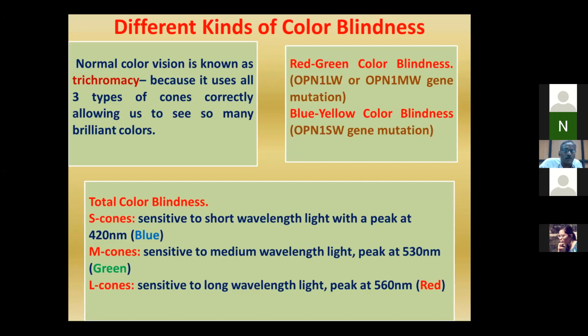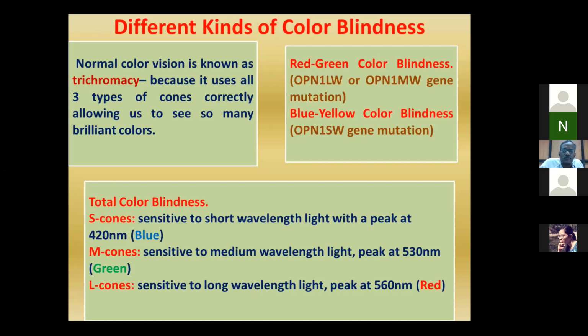When there is any abnormality in a particular cone, it will cause single color blindness. When a patient does not have blue alone, it is S cone abnormality. Green alone, M cone abnormality. Red color, L cone abnormality. Another classification gives double color blindness. One patient may have red and green color blindness or blue and yellow color blindness. In red and green color blindness, the patient cannot identify red and green, and in some conditions cannot identify blue and yellow.